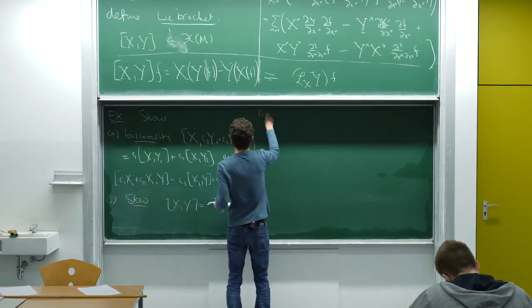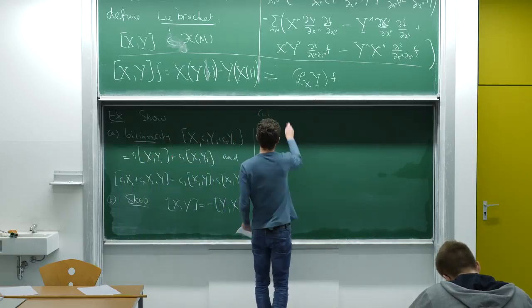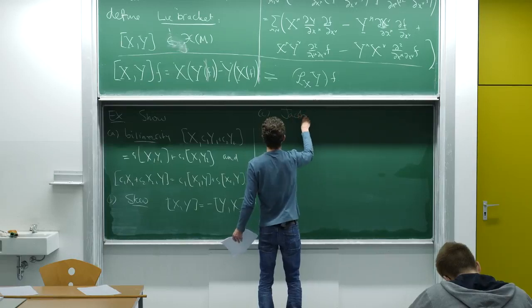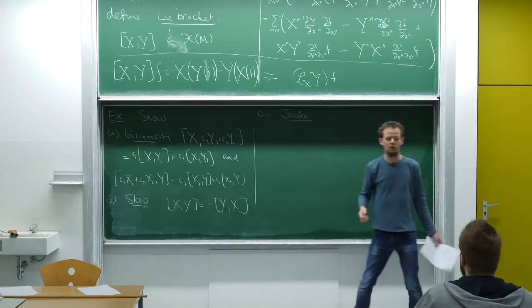And here's a much less trivial one. It's called the Jacobi identity.